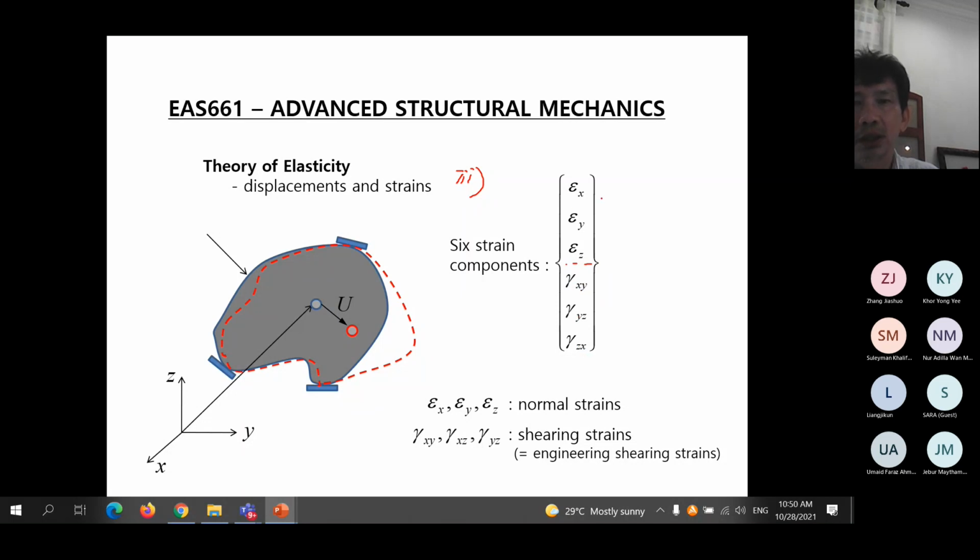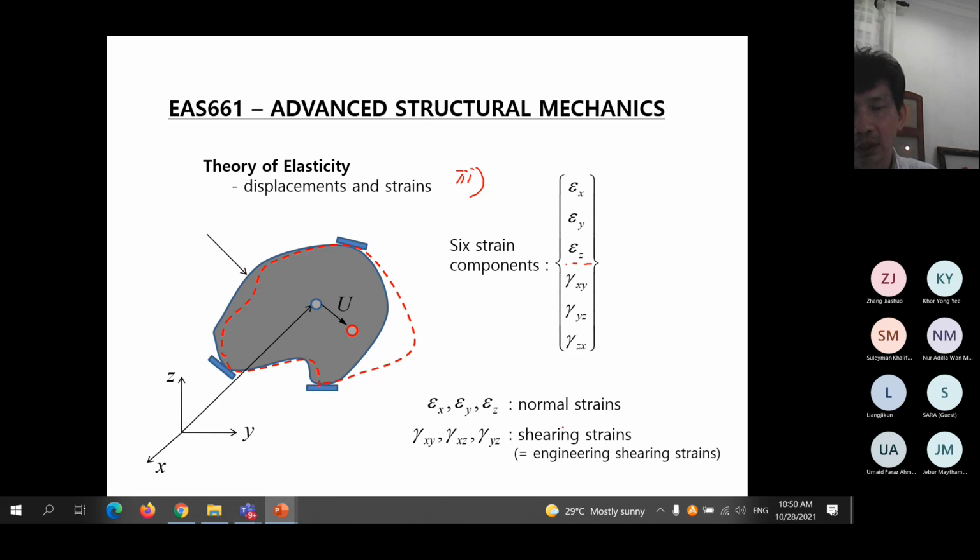So these are the corresponding 6 strain components. Together with stress 6, displacement 3, and 6 strain components, we have altogether 15 variables that we need to determine.